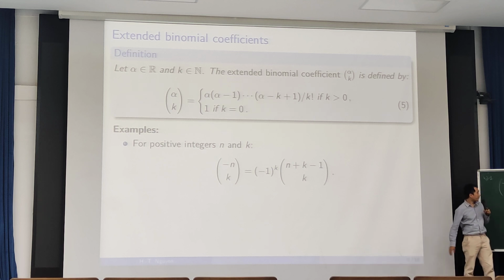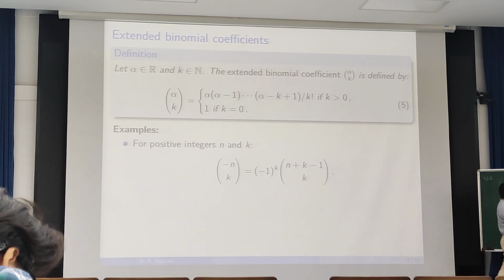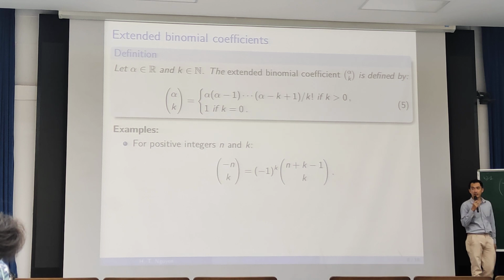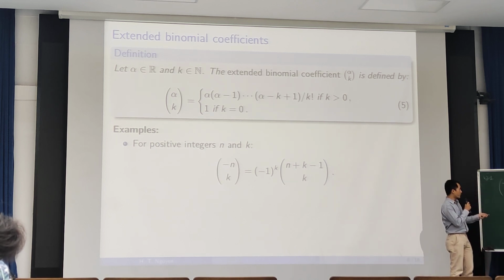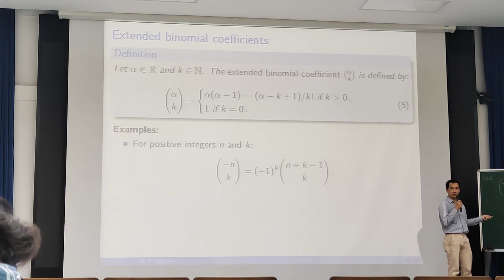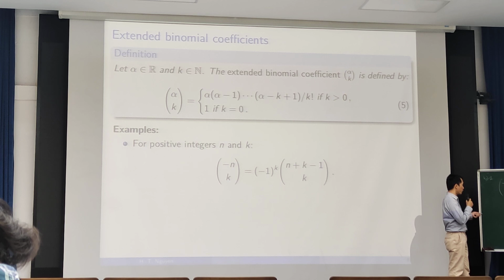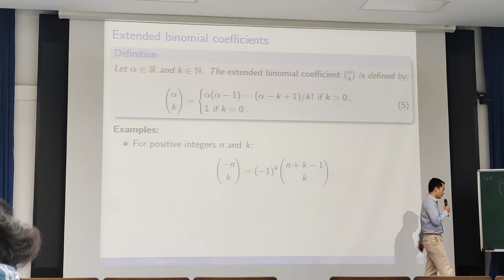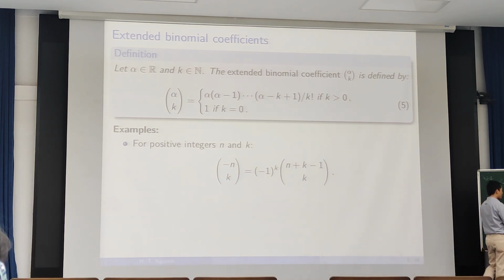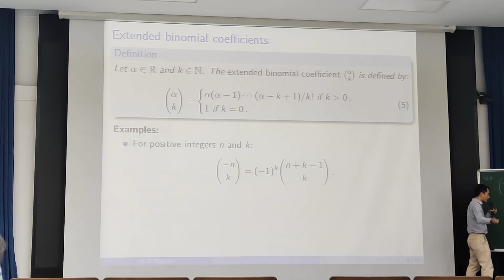But now, once again, it looks quite familiar. You have a factorial below in the denominator, and you have a product of k consecutive positive integers in the numerator. So this is once again binomial coefficients.